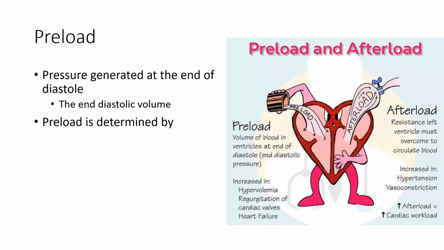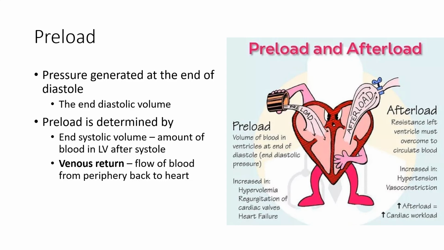Preload is determined by end systolic volume, that amount of blood in the left ventricle after systole, so how much is left over after we've pumped. And preload is determined by venous return. Venous return is the flow of blood from the periphery back into the heart.